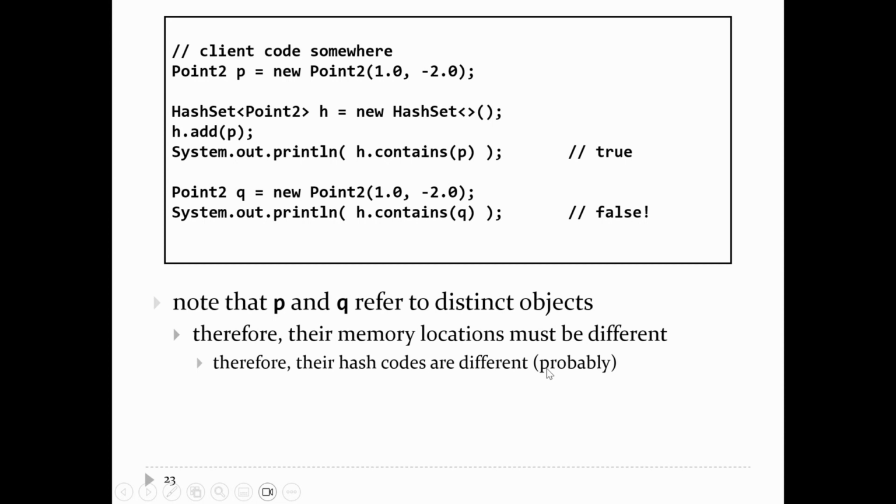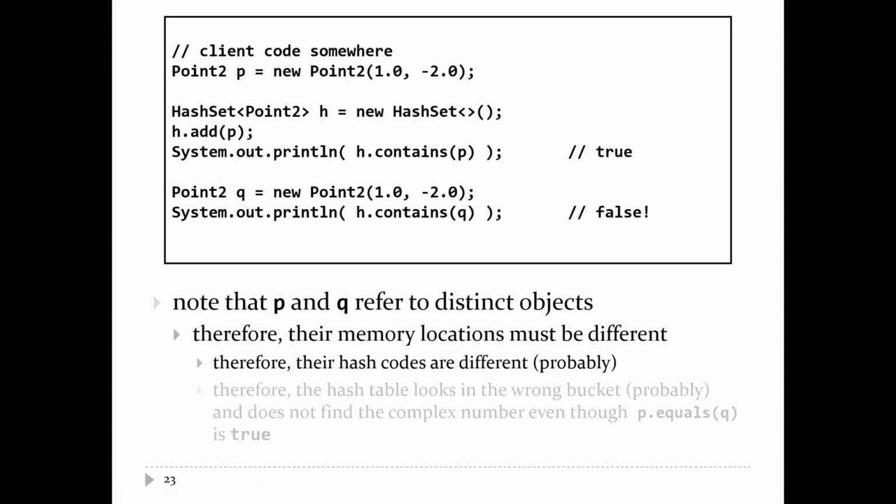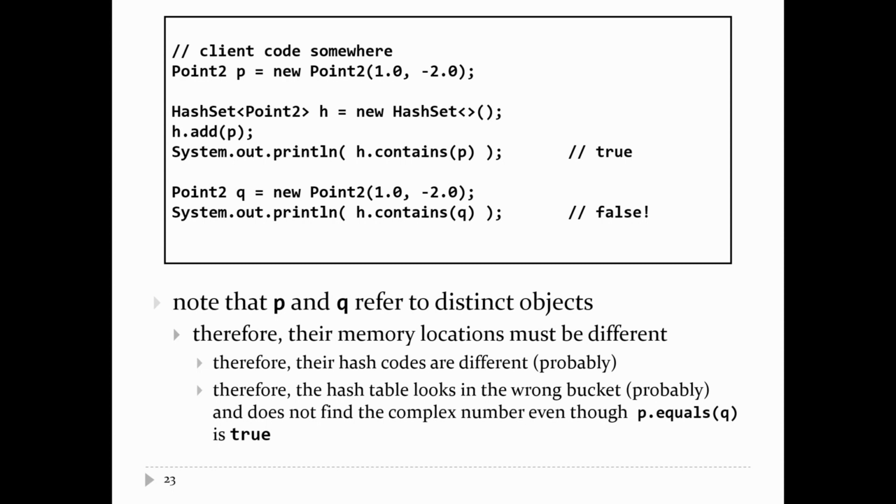So their hash codes are different, and what does that mean? Well, it means the hash table is probably going to look in a different bucket for Q than it looks in for P. So the hash table looks in the wrong bucket, again, probably, and it does not find the point, even though P equals Q is true.